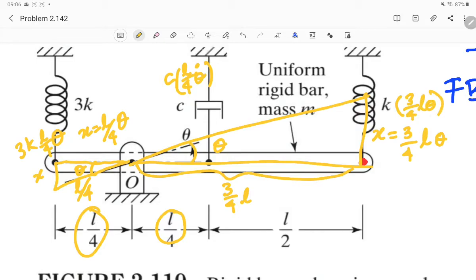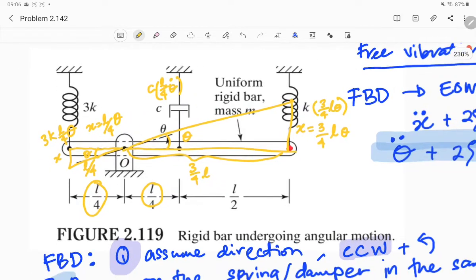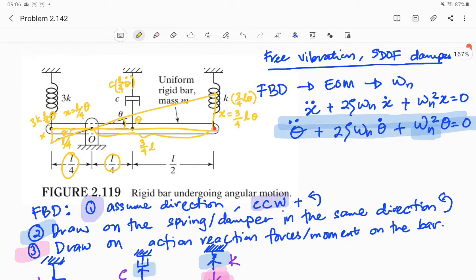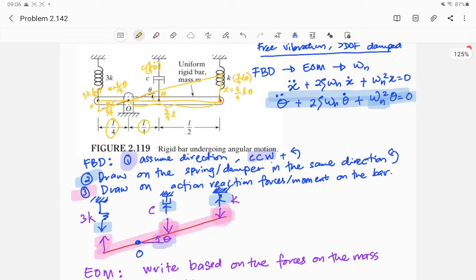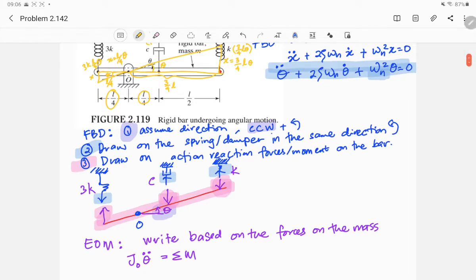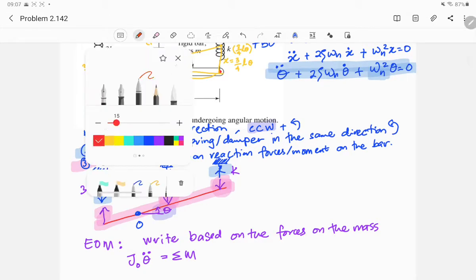Alright, so we have all three forces explained, and we can write them on our free body diagram, so don't forget to write that out.